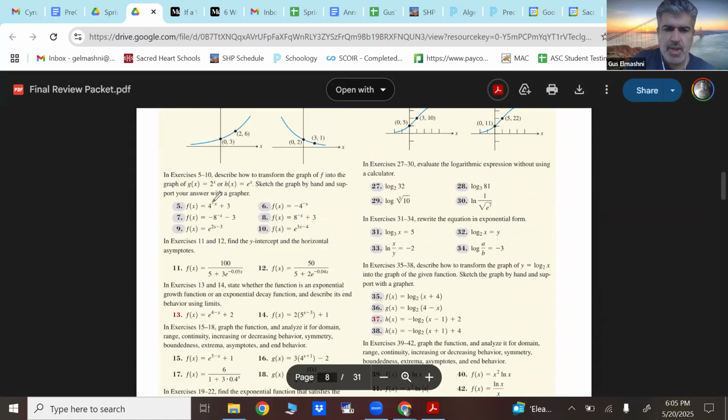So how do you transform 2 to the x to get this? So you can think of number 5 like this.